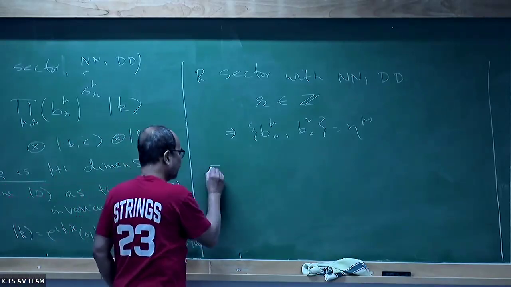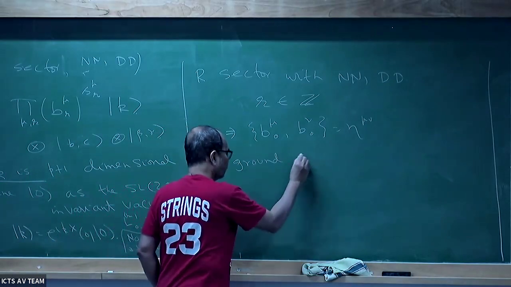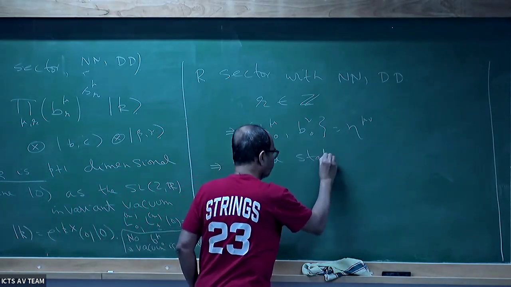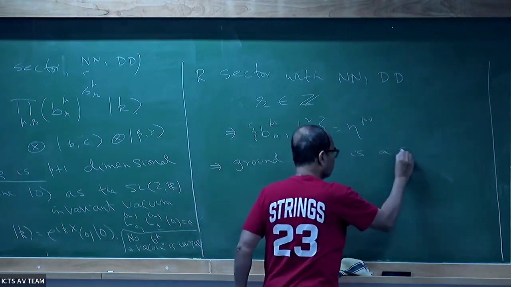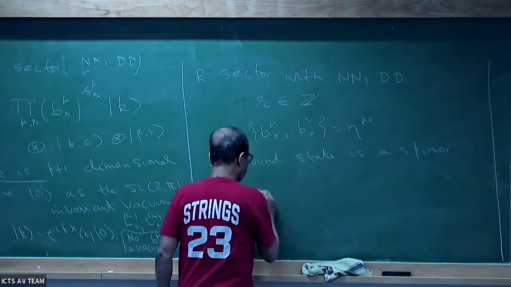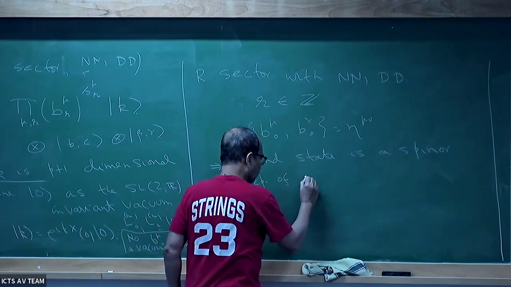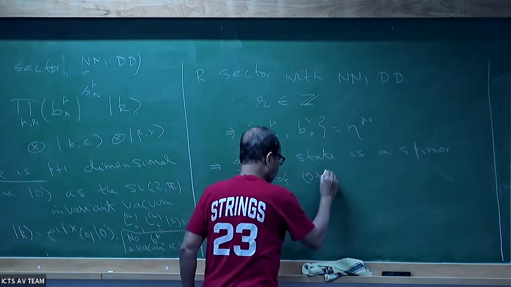And this basically means that the ground state is a spinor, the spinor representation of the 9 plus 1 dimensional Clifford algebra.